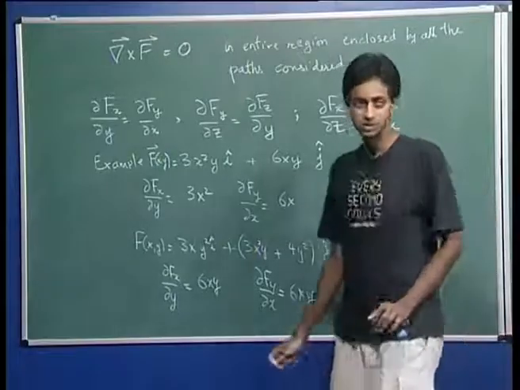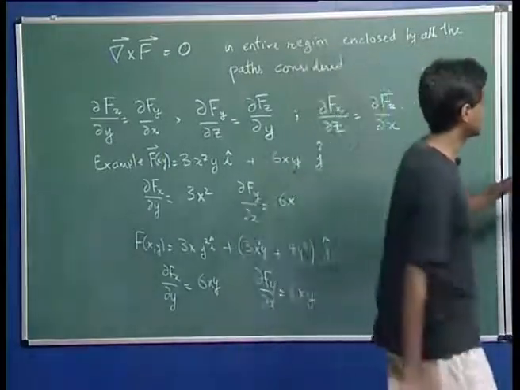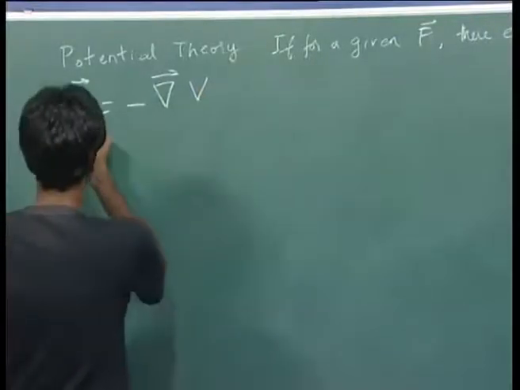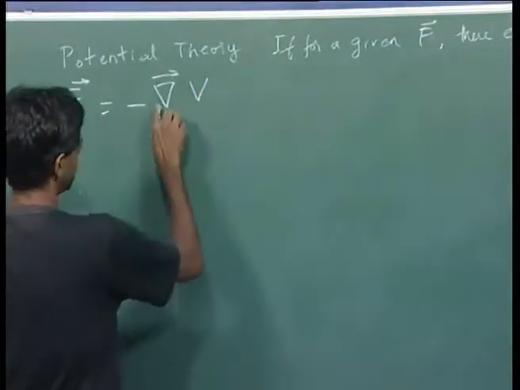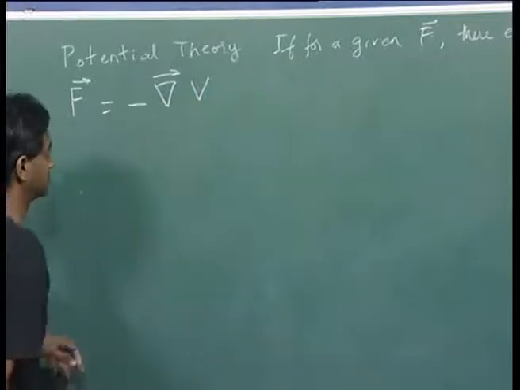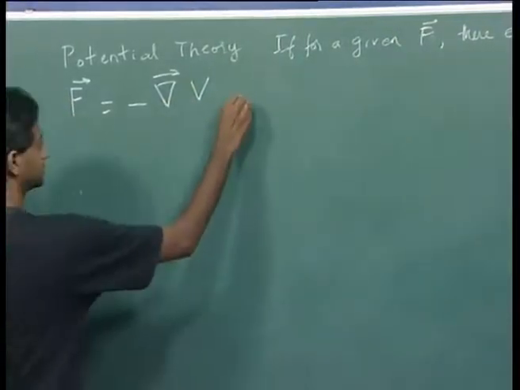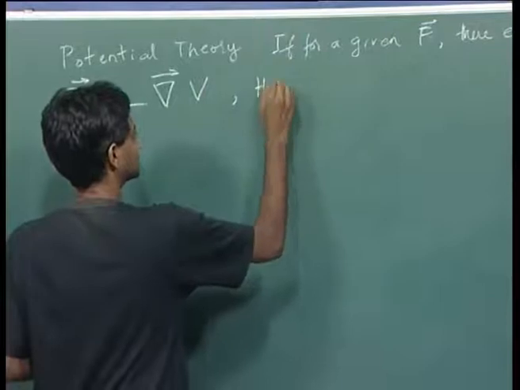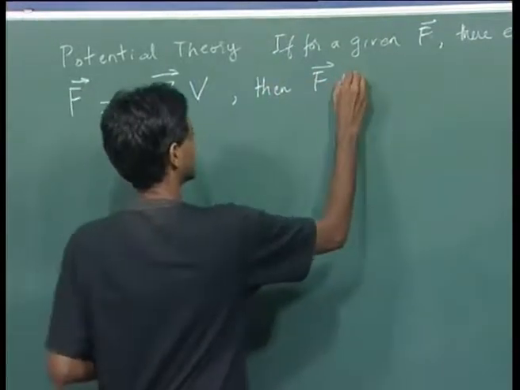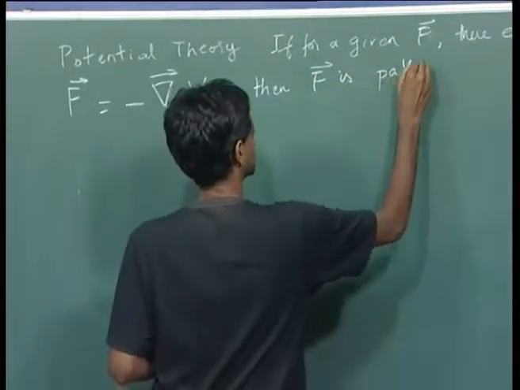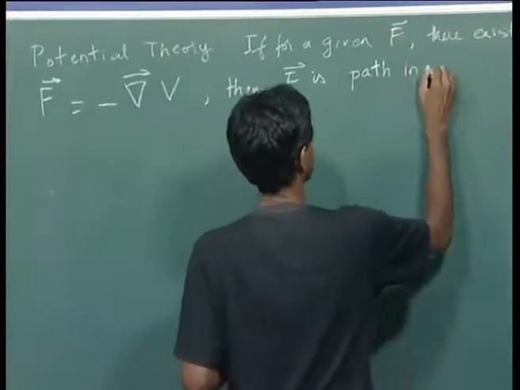So if there exists a scalar field such that if I take the negative gradient of v, then I get f, then f is path independent.